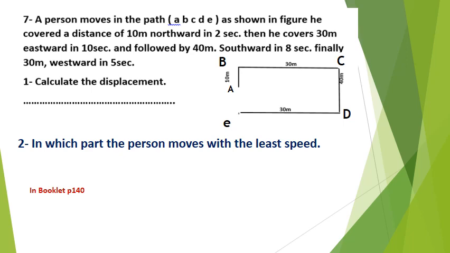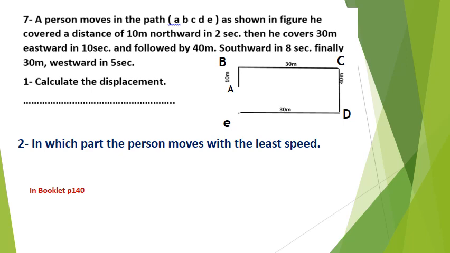Then he covered 30 meters eastward in 10 seconds from B to C, followed by 40 meters southward in 8 seconds, from C to D. Finally, 30 meters westward in 5 seconds.